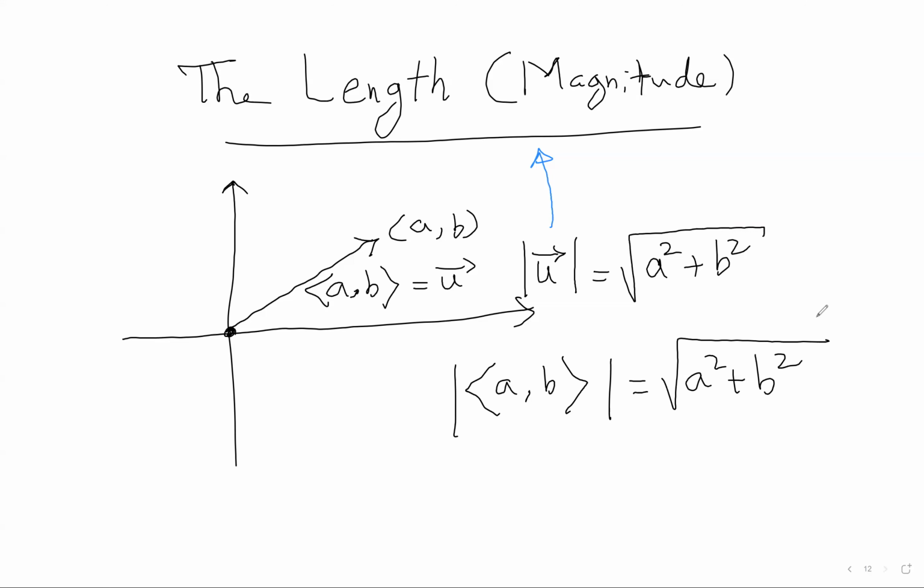But sometimes the vector is not given in this standard form that it's initiating from the origin. Maybe the initial point is a point different from the origin. So how can we come up with a formula?